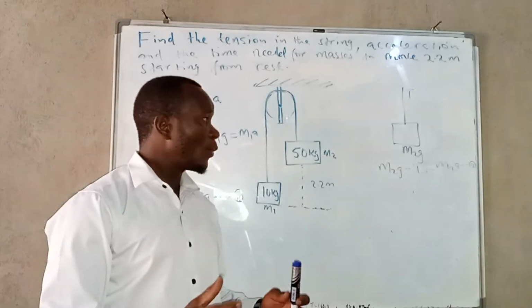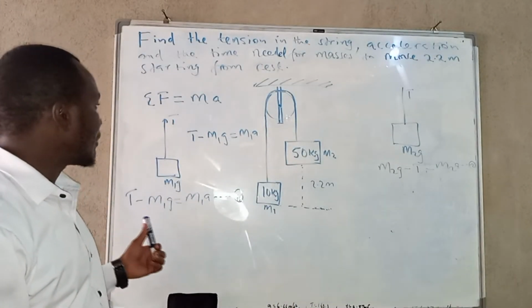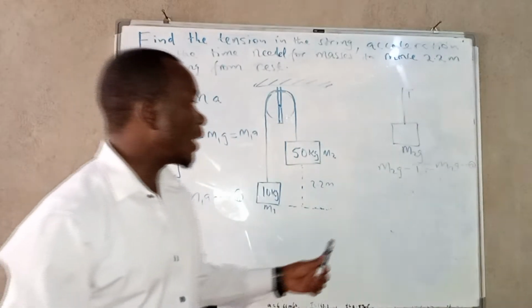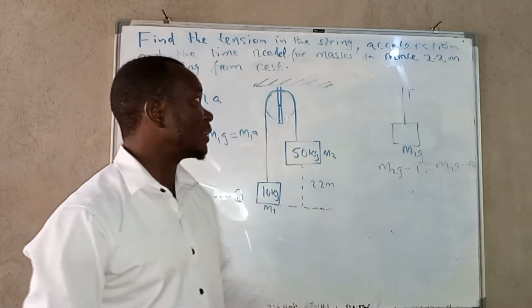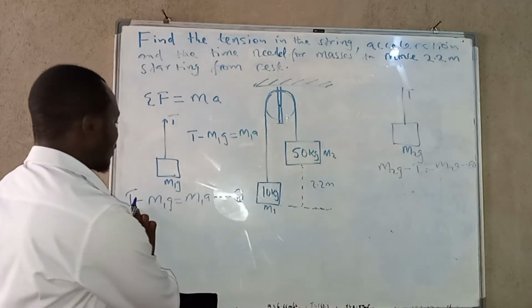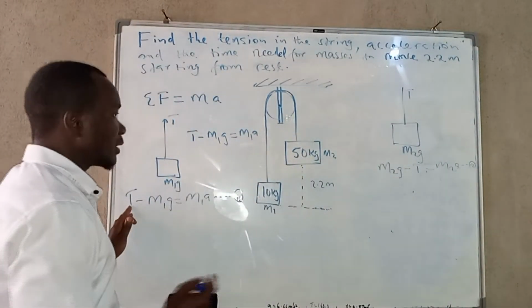Now, we need to proceed in such a way that we eliminate some variables so that we can remain with those that can help us find the answer without many challenges. Here we have T and T, so we can eliminate T by simply adding. This is positive, this is negative.